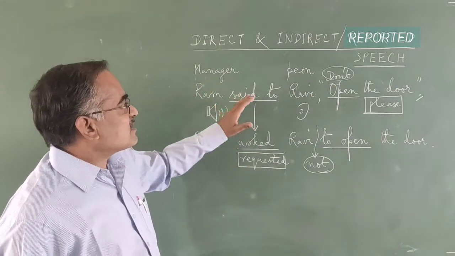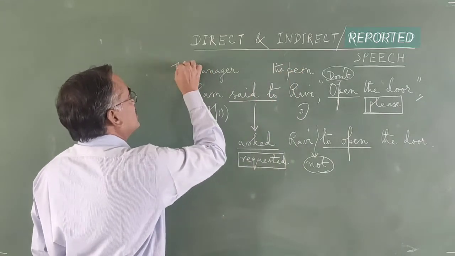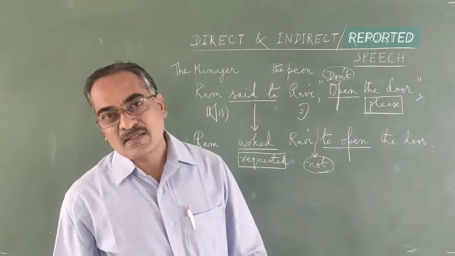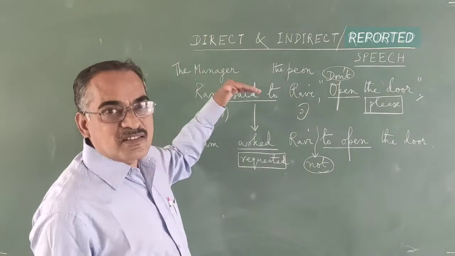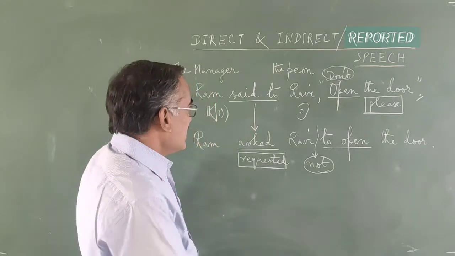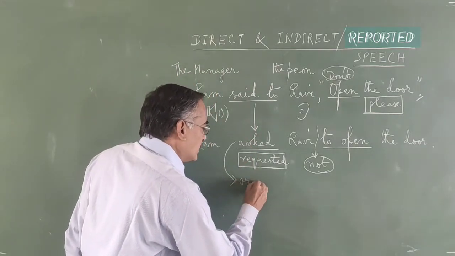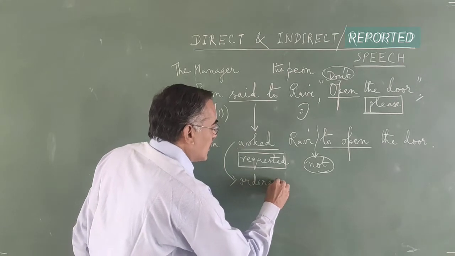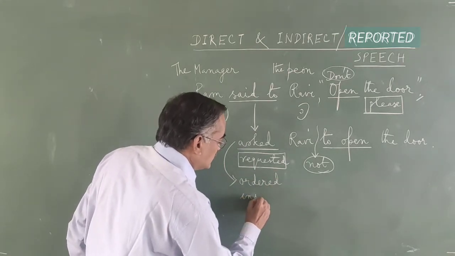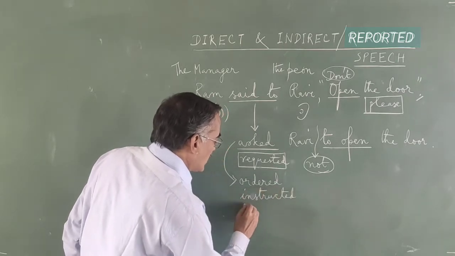So, the manager said to the peon. In that case, the manager is a superior authority and the peon is a subordinate. In that case, instead of writing asked, you may also write ordered or instructed or commanded.